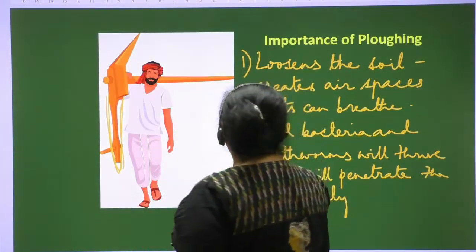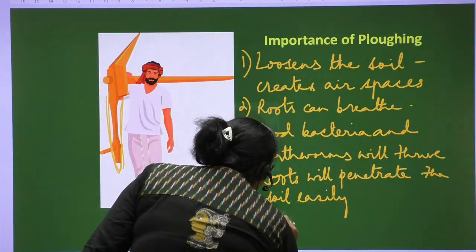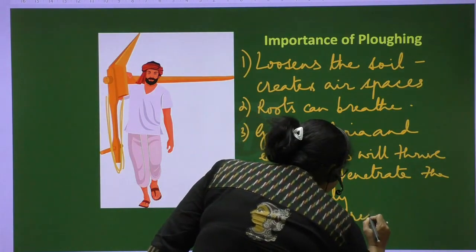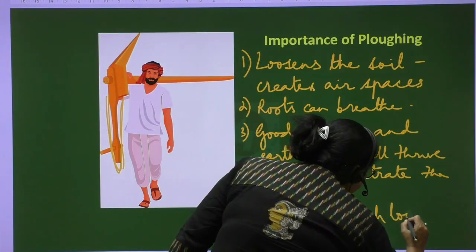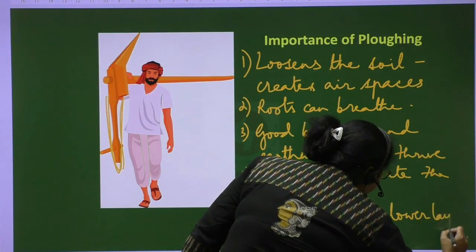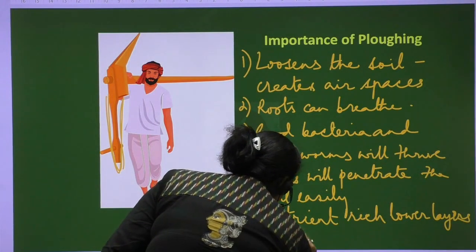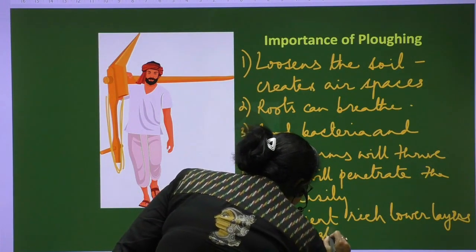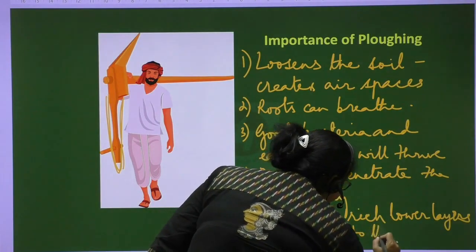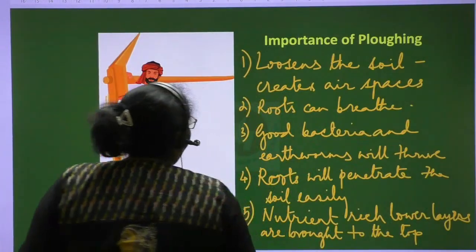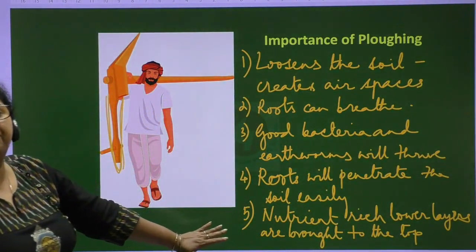So due to the churning, what happens is the nutrient rich lower layers are brought to the top. So by and large, these are the various importance of ploughing.